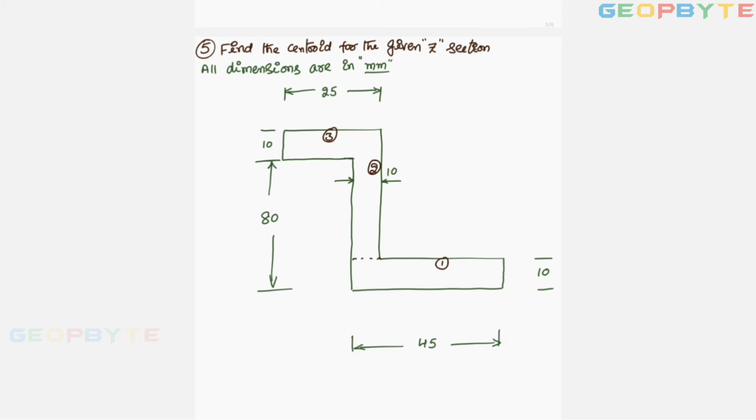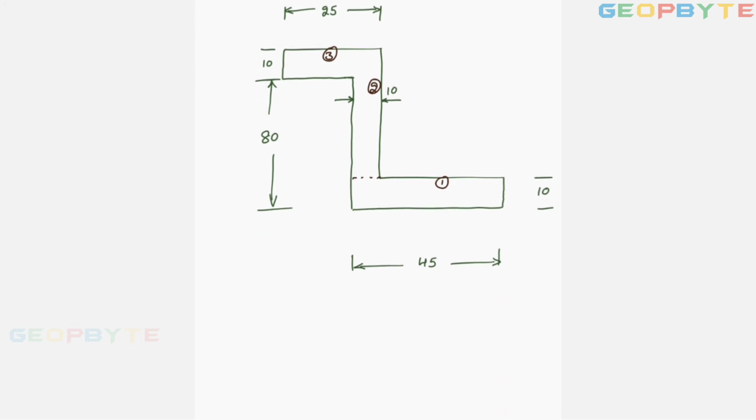Now let us mark the B1 D1, B2 D2, B3 D3. B1 equal to 45 mm, D1 equal to 10 mm.